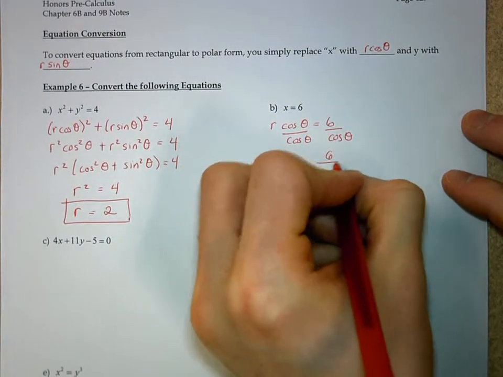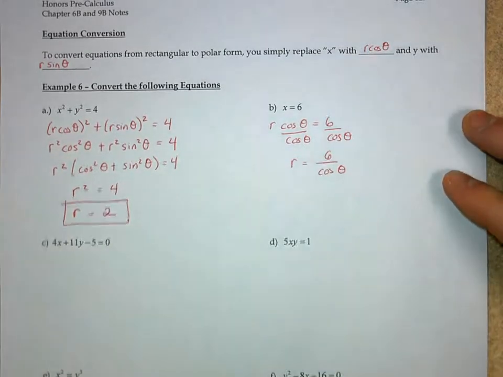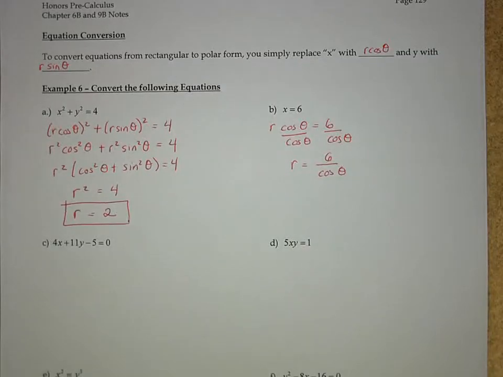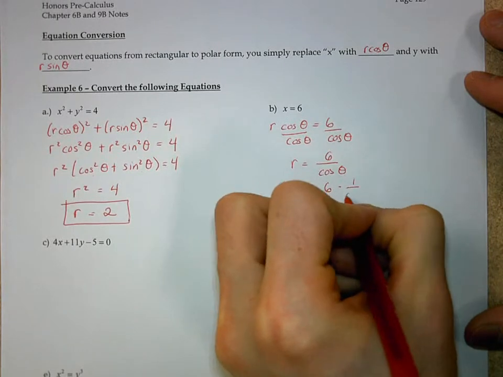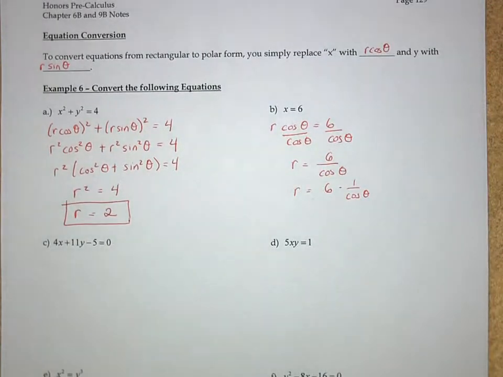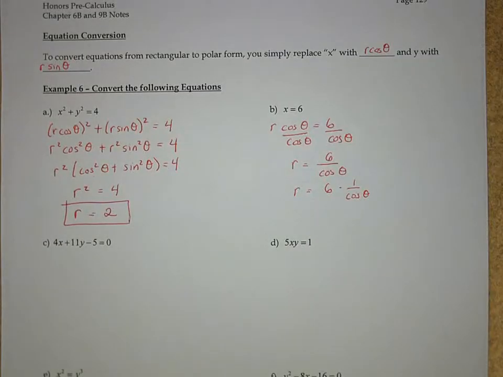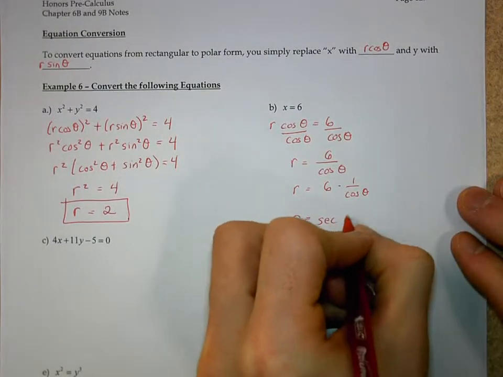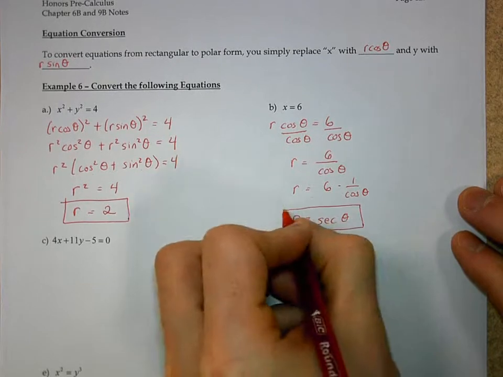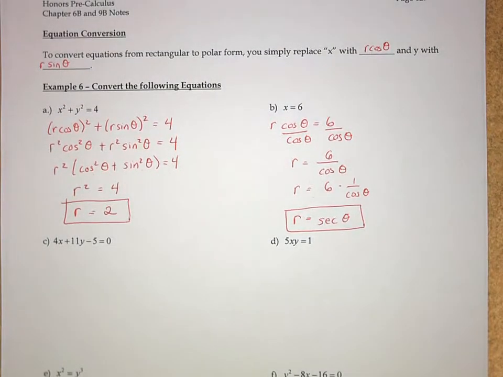So r is 6 over the cosine of theta. And we don't like our final answer having that cosine in the denominator. We know that this is technically 6 times 1 over the cosine of theta if I split that up into two separate fractions. And 1 over the cosine of theta is the same thing as secant of theta.